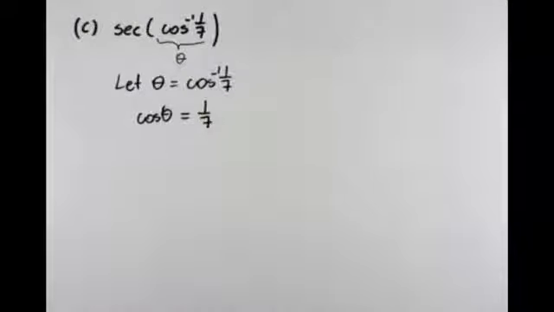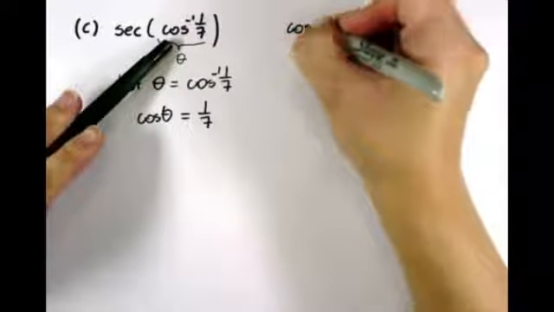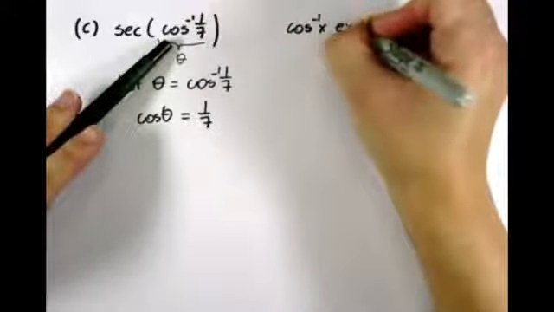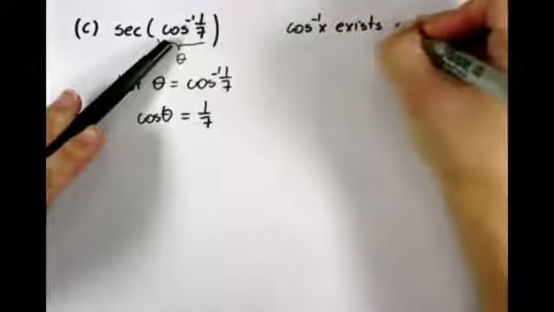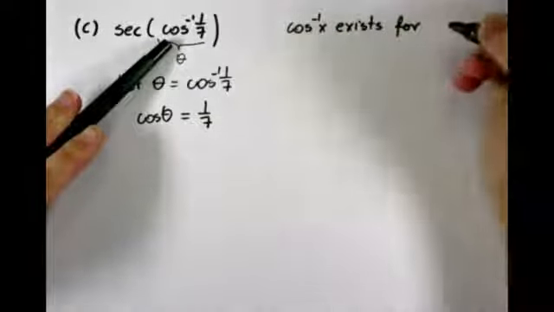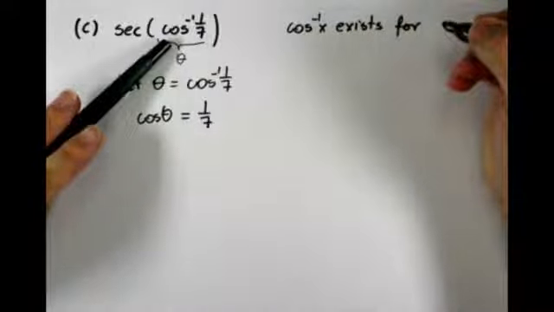Now let's identify the quadrant we are in. So cos inverse exists for what restriction of the cos function?